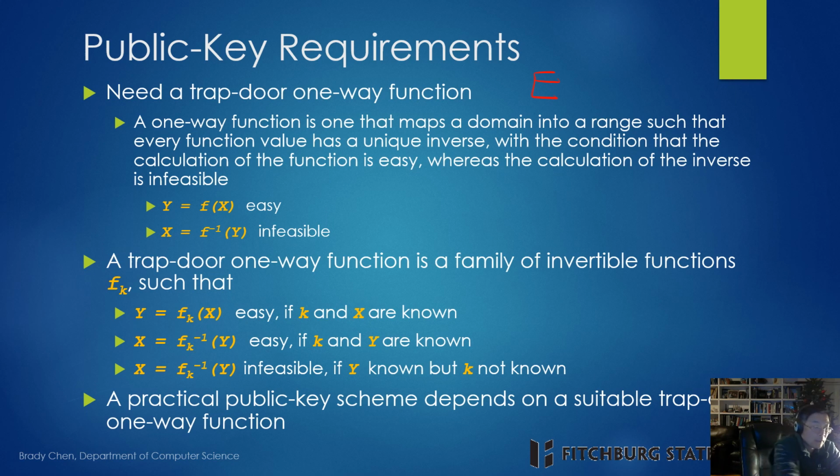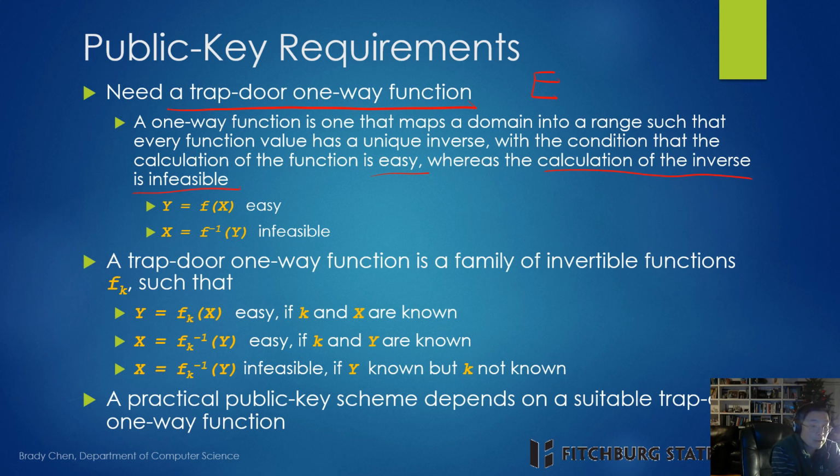So we need something called a trapdoor one-way function. A one-way function is one that maps a domain into a range such that every function value has a unique inverse, with the condition that the calculation of the function is easy, while the calculation of the inverse is infeasible.